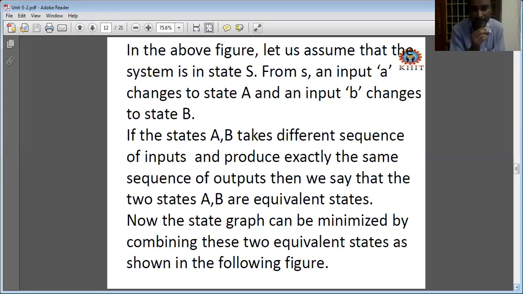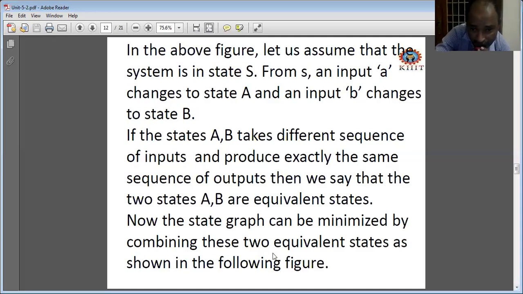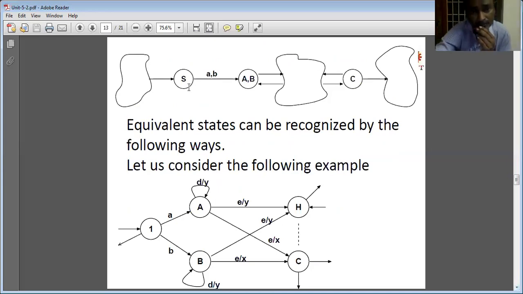Now the state graph can be minimized by combining these two equivalent states as shown in the following figure. It comes like this. So A, B, two states can take the input A, B and obtain the output at C, same output.